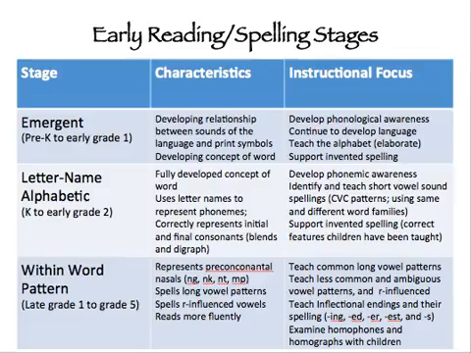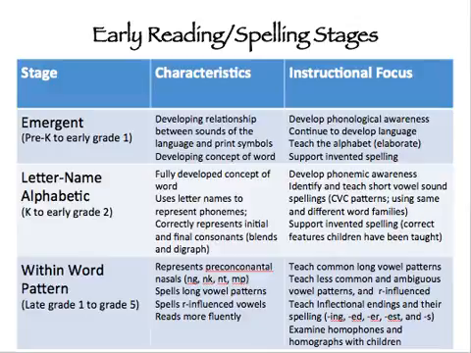A quick review of the stages of early reading and spelling that precede the syllables and affixes stage: the emergent stage through grade 1, the letter name alphabetic stage, which typically occurs for kindergartners through early grade 2, and the within word pattern stage, which ranges from late grade 1 to grade 5.